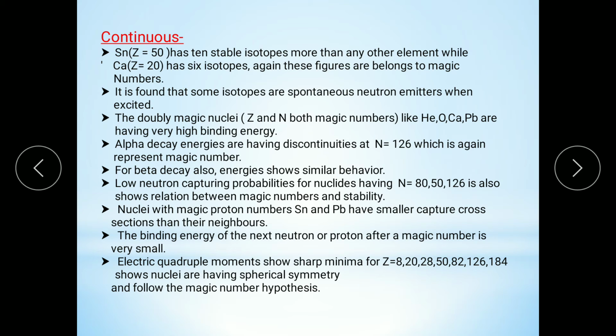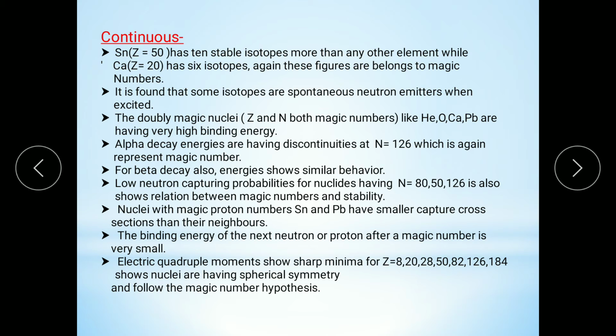It is found that some isotopes are spontaneous neutron emitters when they are in an excited state. As we saw, Sn with Z equal to 50 has 10 stable isotopes.